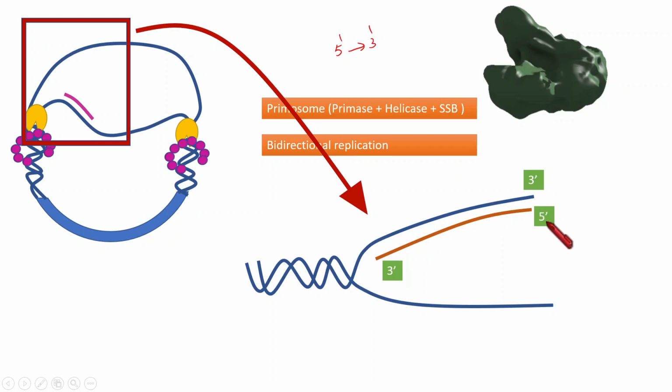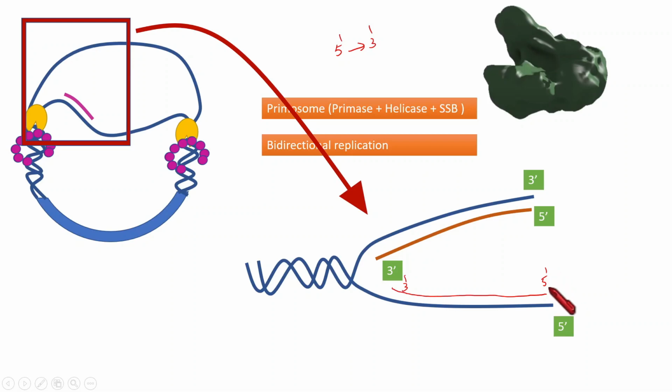Then take the case of the other strand. Its end will be 5'. As this end is 5', it is not possible to synthesize a daughter strand continuously in the 5' to 3' direction with respect to this template strand. Why? Because this end is 5' and the strand's end should be 3'.